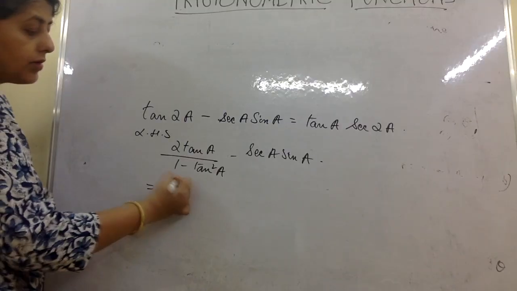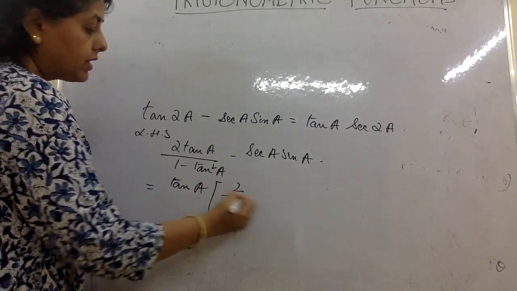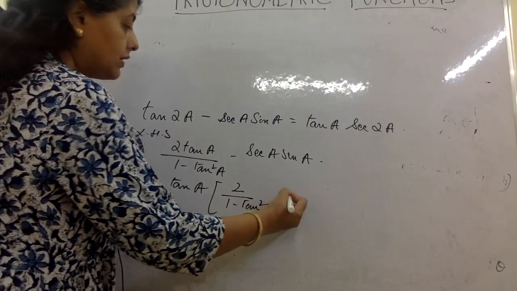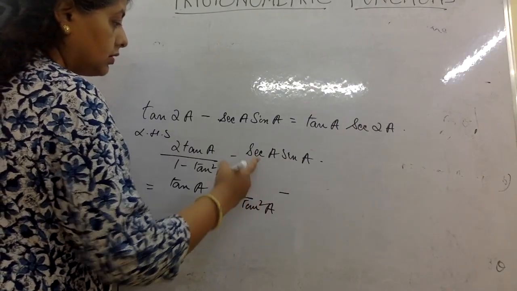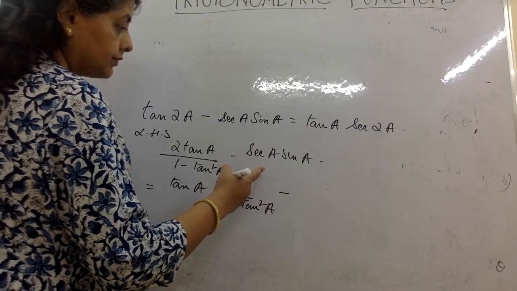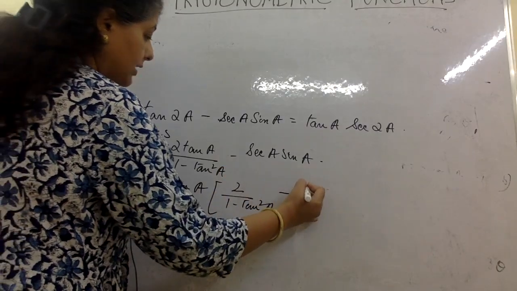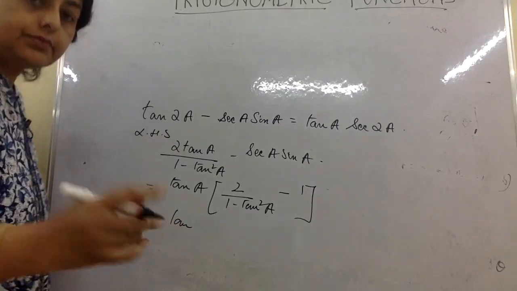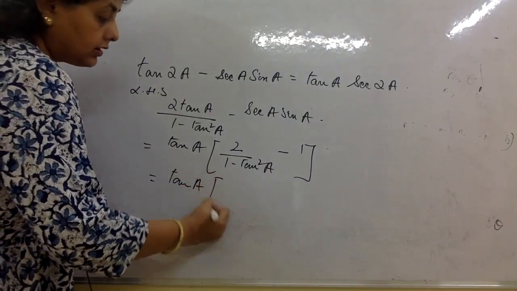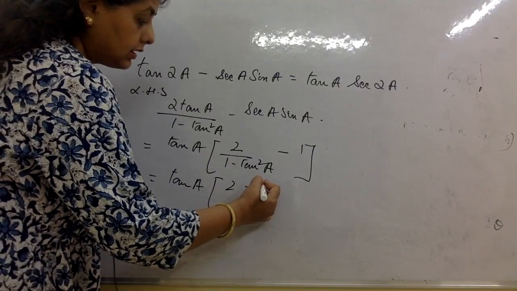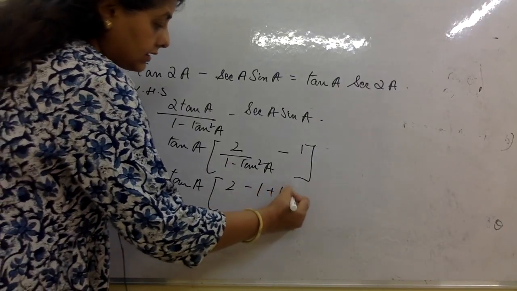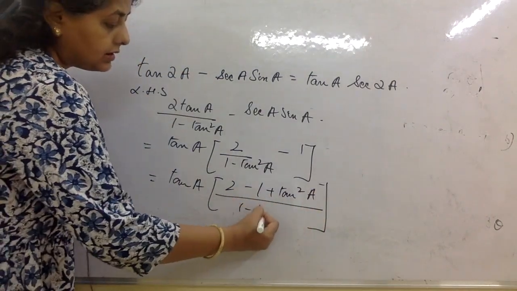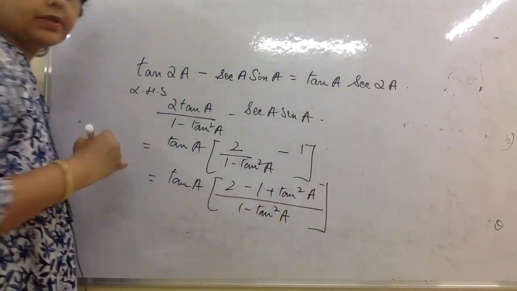So tan A common. 2 minus, 1 minus tan square A, yes, minus this is 1. Okay, that gives tan A, then 2 minus 1 plus tan square A, and 1 minus tan square A, right?